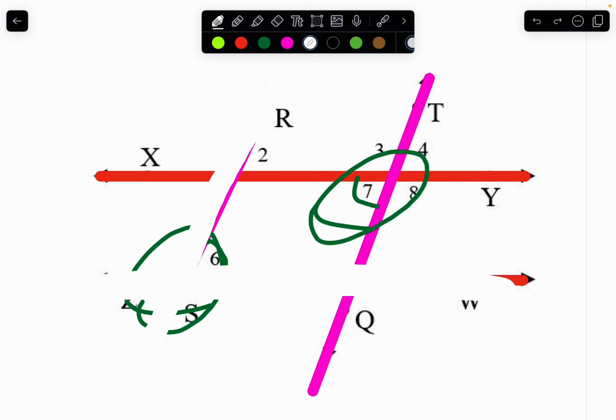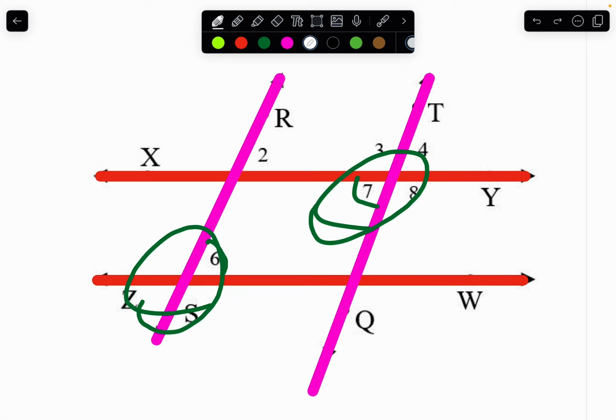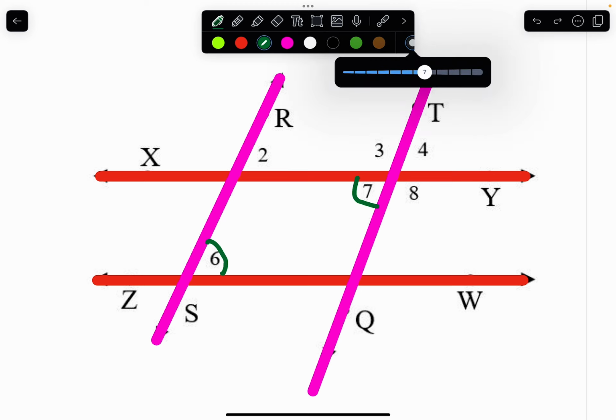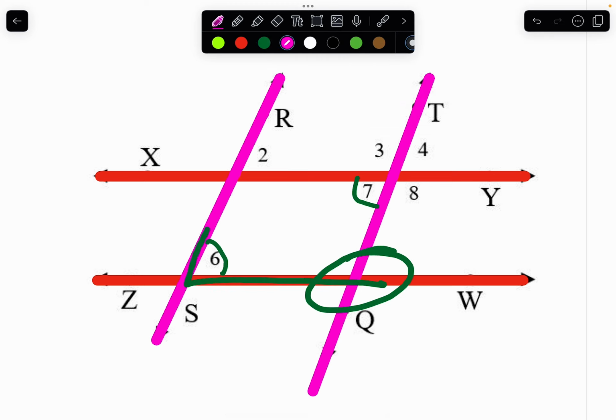Angle 7 is fine. Angle 6 and angle 7 do not have a transversal. Angle 6, if you trace pink and turn, you end up down here. If you trace red and turn, you end up here. At no point can you follow one of 6's sides and end up at 7.